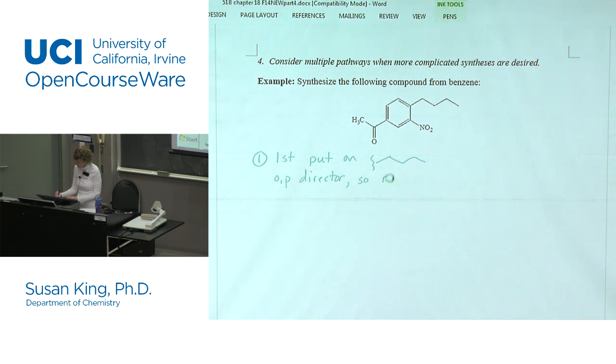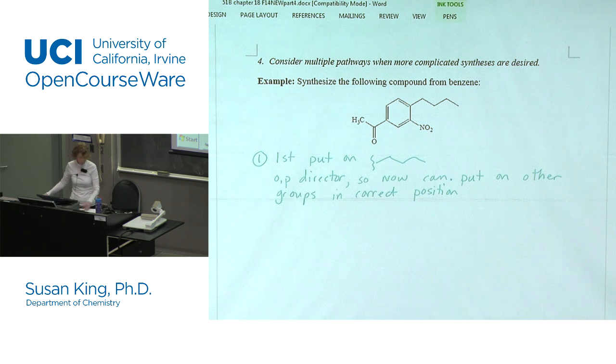So now you can put on the other groups in the correct position. And we're going to have to do that in 2 steps. We're going to acylate, and then we're going to get rid of the acyl group, the carbonyl group first.